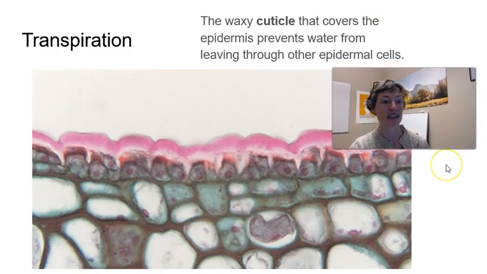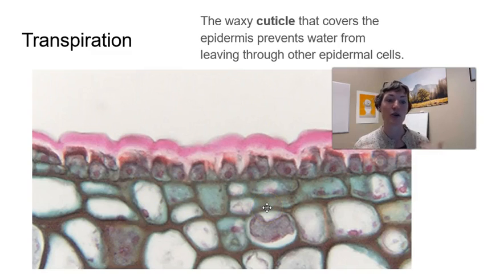Something important in this process that you'll learn about when we do anatomy is the thick waxy cuticle that we know evolved when plants moved onto land and had to protect themselves from water loss. So that waxy cuticle is stained pink here, made out of lipids. It covers the epidermis, prevents water from leaving through the other epidermal cells.